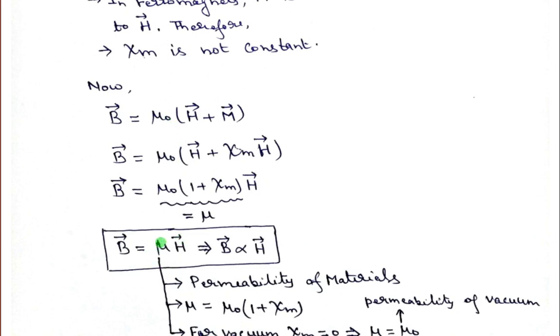So the magnetic field vector B is directly proportional to the H vector, the applied external magnetic field. I have defined this mu as the permeability of the material.